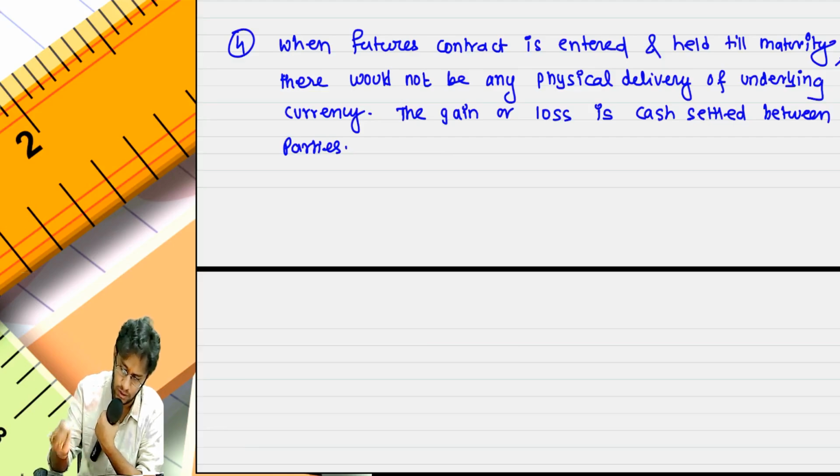Tell me, sir, how to get this gain or loss position. No, wait a moment.